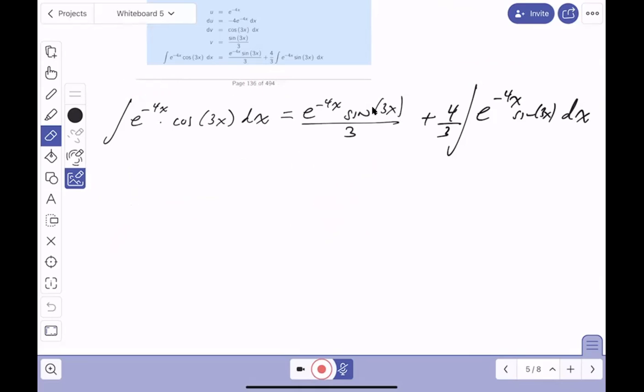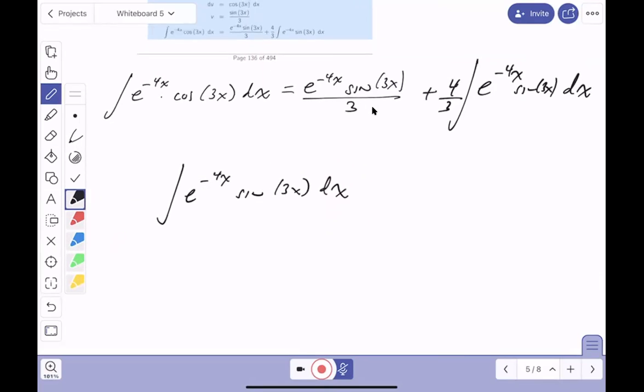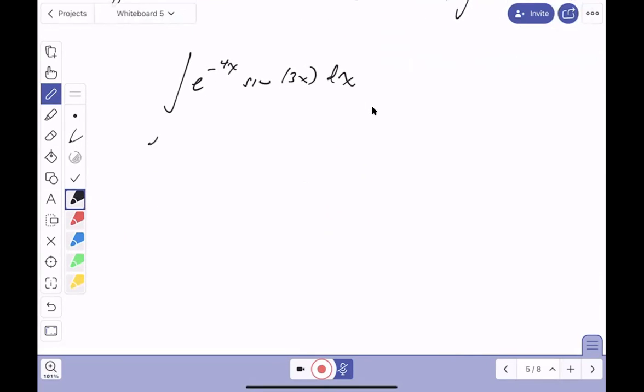So what I want to do is see if I can integrate this guy over here. This is my little side work over here. I'm going to try again. And I'm going to do this u equals e to the minus 4x. du is minus 4 e to the minus 4x dx.